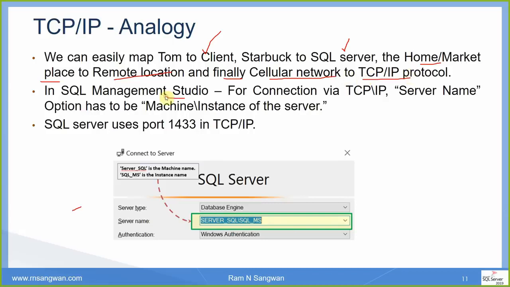In SQL Server Management Studio, for communication via TCP/IP, the server name option has to be in the form machine\instance. So here SQL Server is the machine name and SQL_MS is the instance name which is running. Remember, SQL Server uses port number 1433 in TCP/IP for connections.